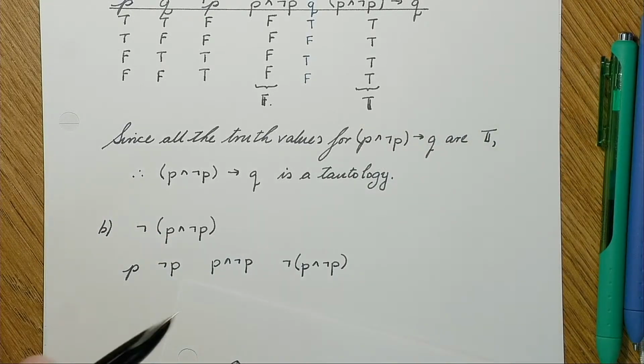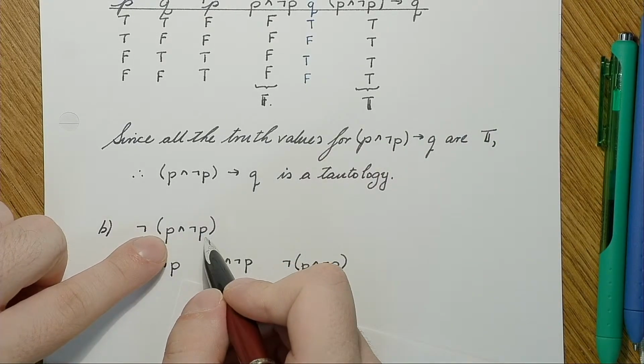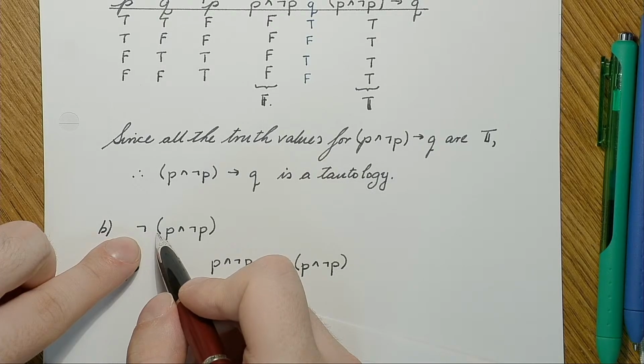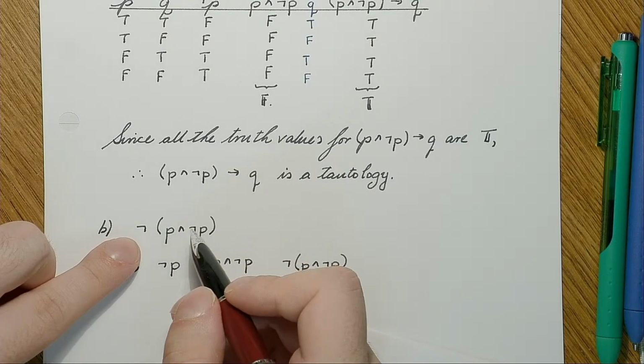So all inside right here should be all falses, and then applying that negation should convert those all to true.